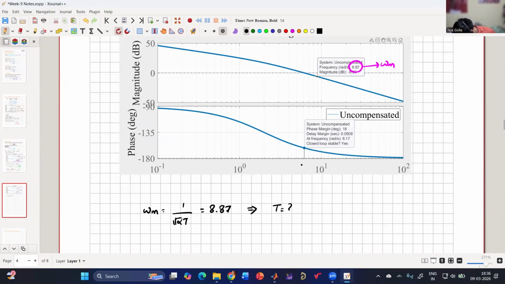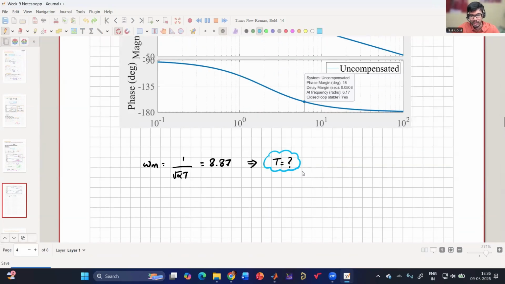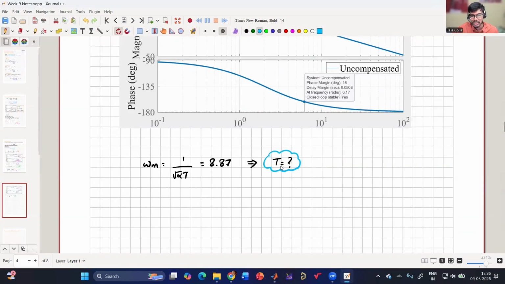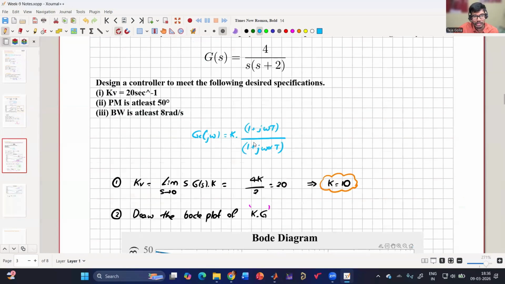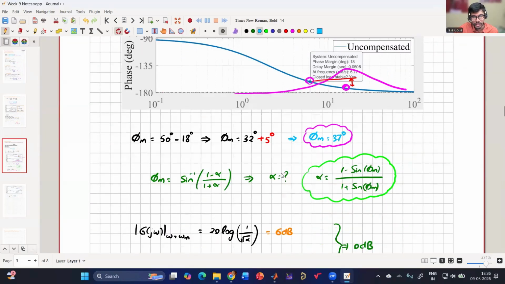So how much is my T? This is what I'm trying to calculate now. Once I get T, my compensator's alpha and T are known, as well as K, because I have calculated from the steady state error equation that, whatever the user has selected, Kv should be 20.